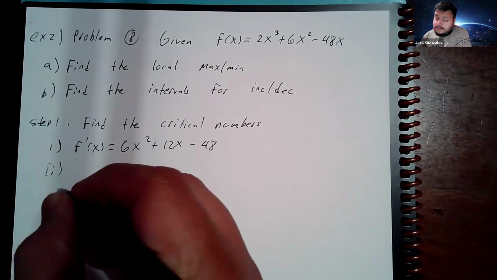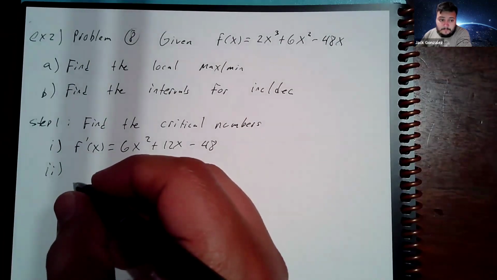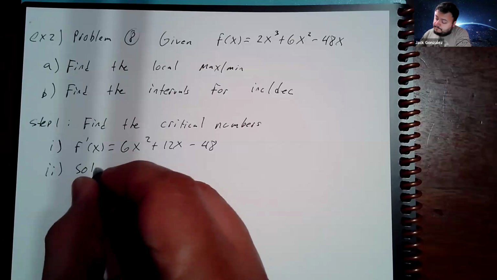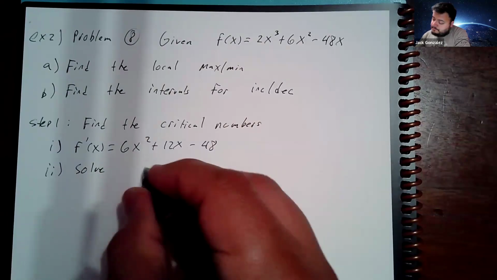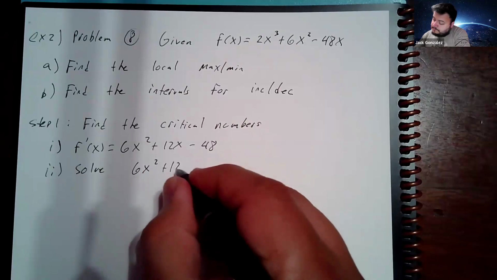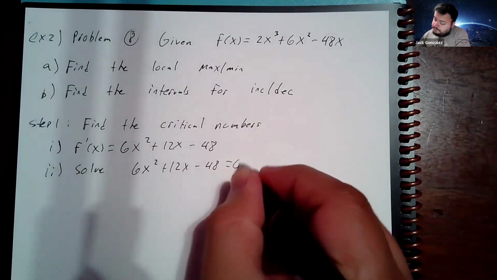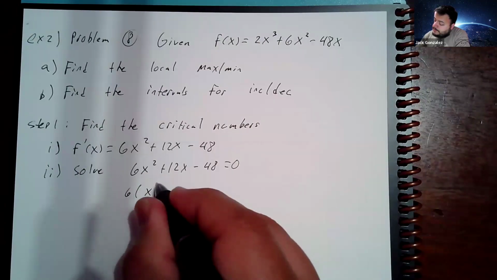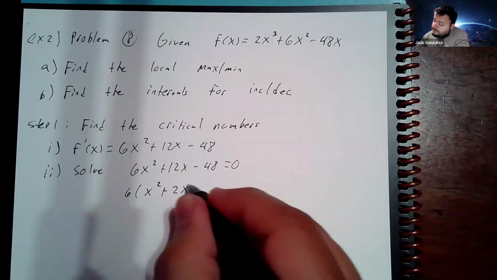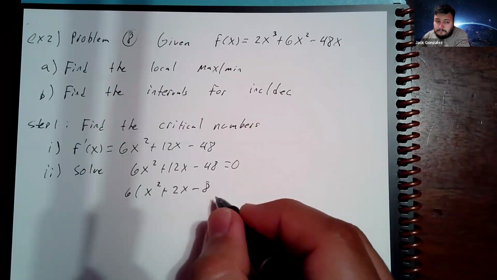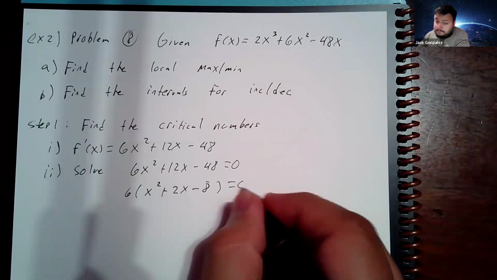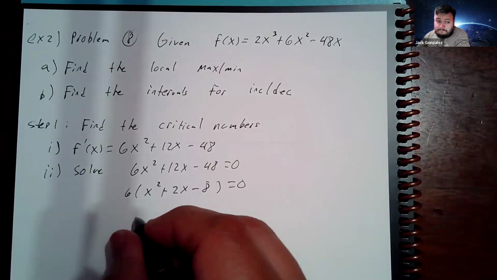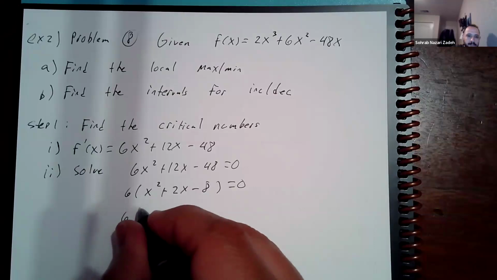Okay. Part 2, step 2, sub 2, whatever. Solve. So divide by 6 everywhere. That'll end up getting us here. So part 2 is going to be factoring, right?